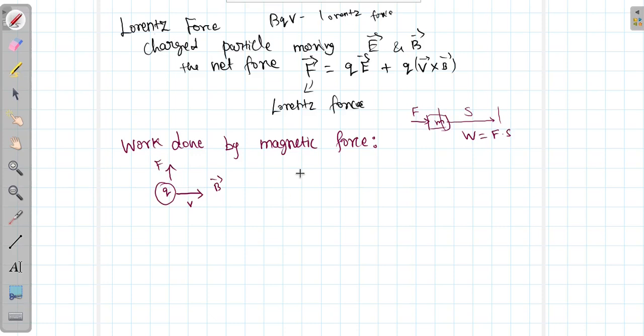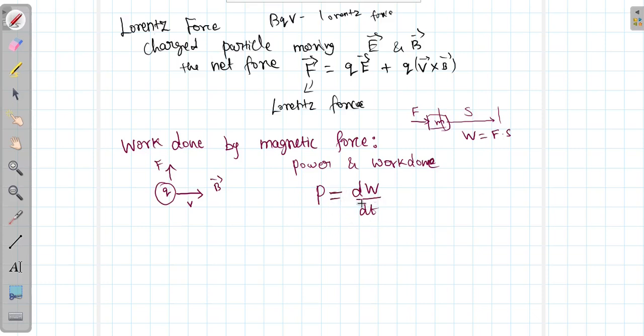Whether this force will do any work on the system, we are going to discuss. We know the relation between power and work done. Power is the rate of doing work, P equals dW by dt.